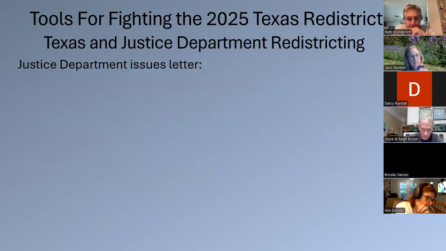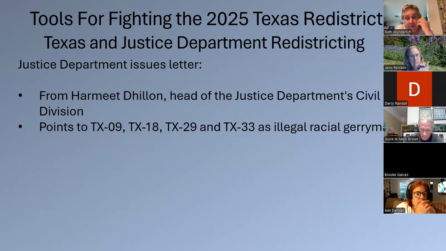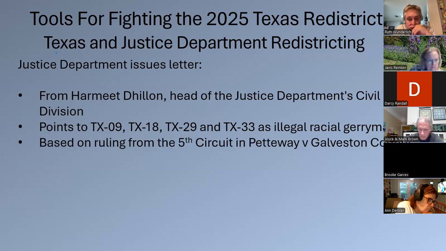The Justice Department letter comes from Harmeet Dhillon, who is the head of the Justice Department's Civil Rights Division. It pointed to only 4 districts as illegal gerrymanders. Of course, they managed to use that as an excuse to grab a 5th district and disrupt all the other districts in Texas. It is based on a 5th Circuit ruling called Petteway v.